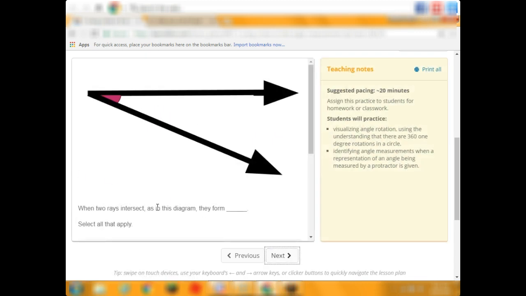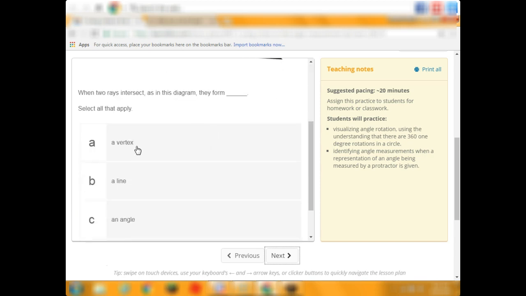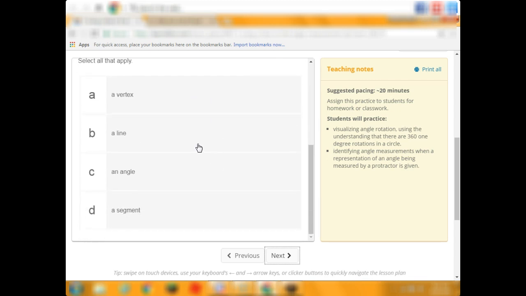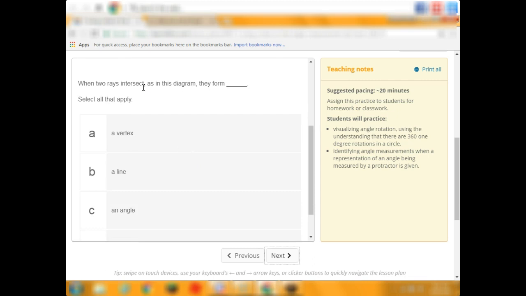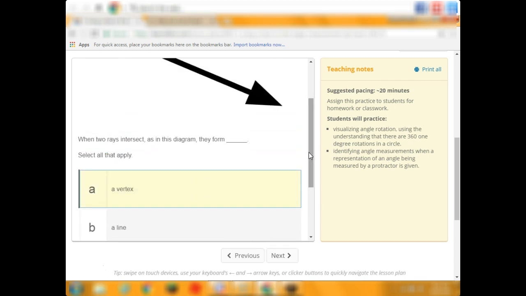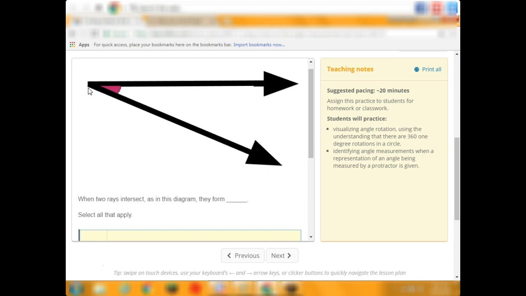When two rays intersect in this diagram, they form blank. Select all that apply. A vertex, a line, an angle, and a segment. So I haven't told you what a vertex is yet, but a vertex is basically the end.